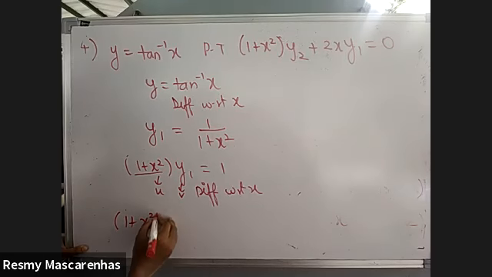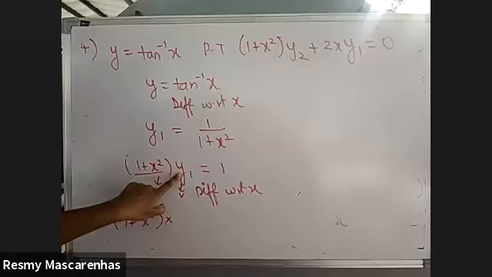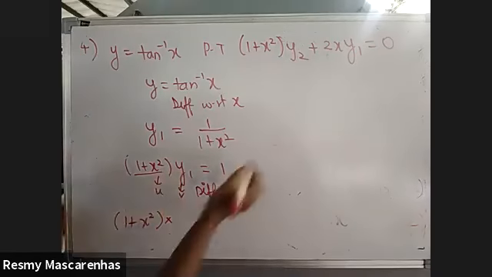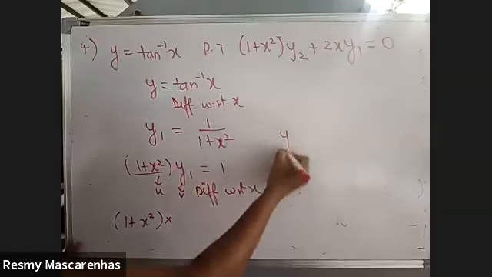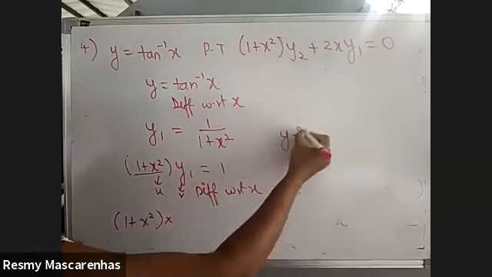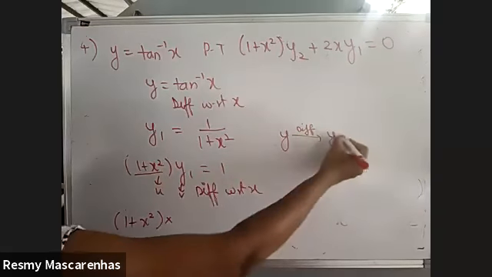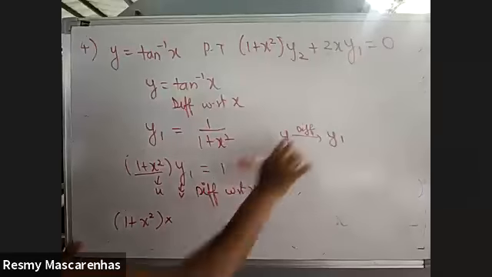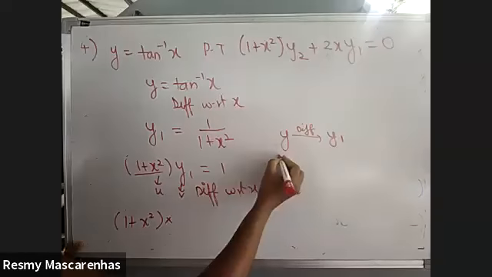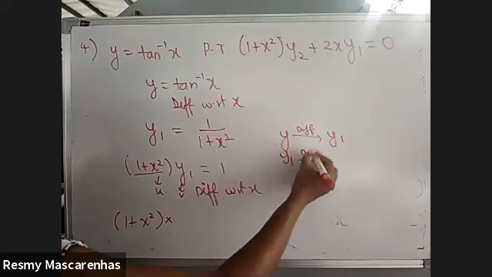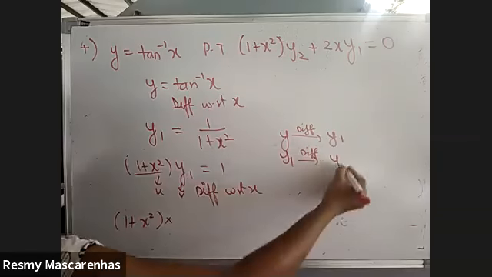So 1 plus x square into... see, now I have already taken the first derivative. If you differentiate y, what will you get? y1, correct? When you differentiate y1, what will you get? y2.